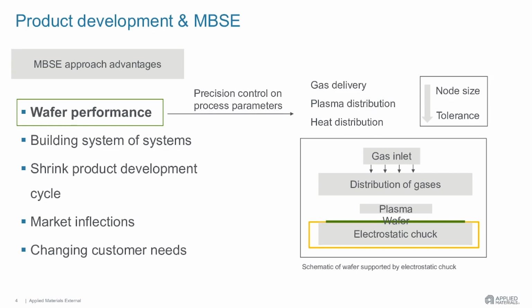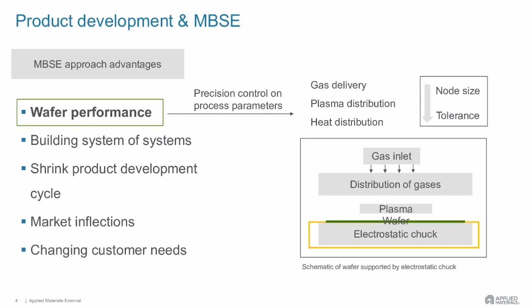If you start looking at the system as a whole, with different physics and different groups involved, we can reduce the number of iterations back and forth, and the risk retirement process can be better. So, right away, there can be an improvement in the performance of the wafer and eventually the performance of the chip that we make.